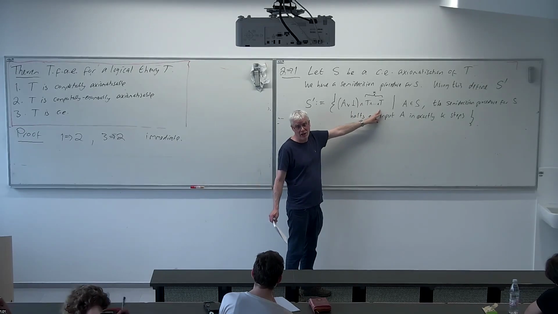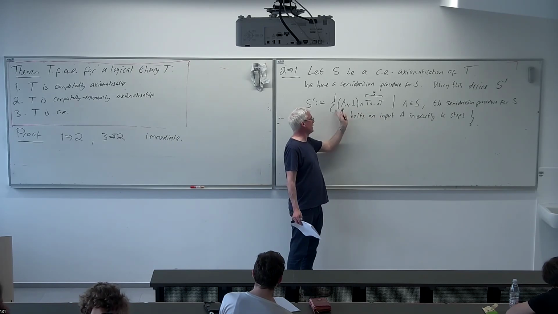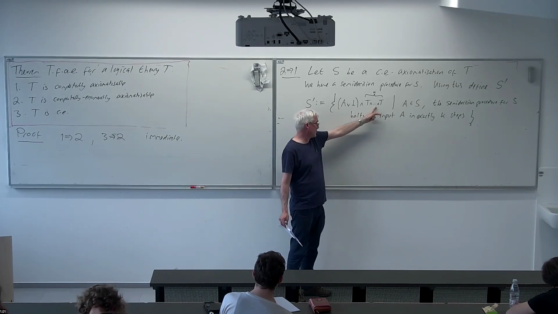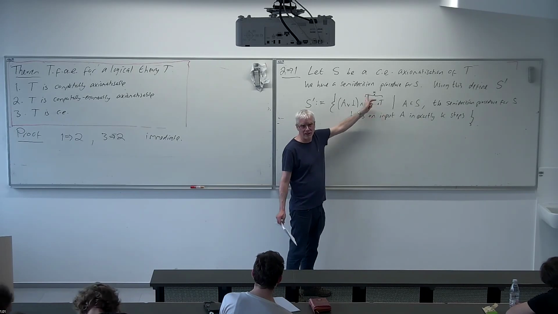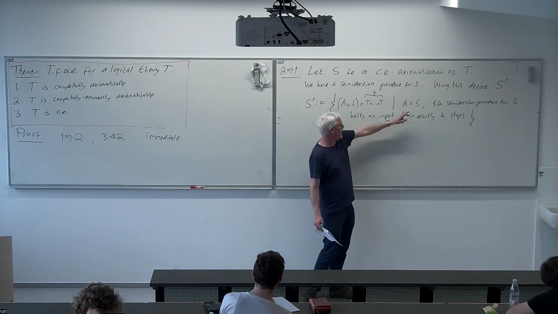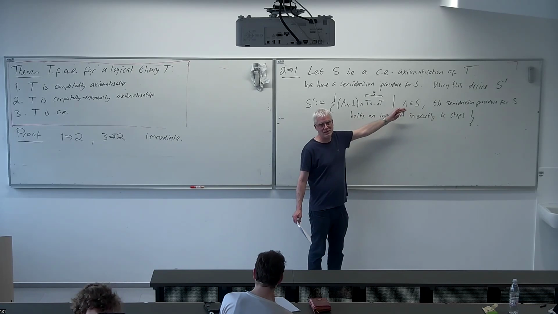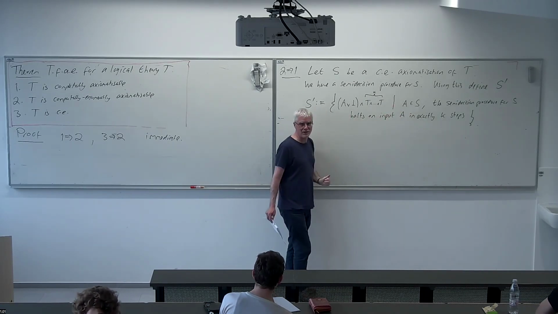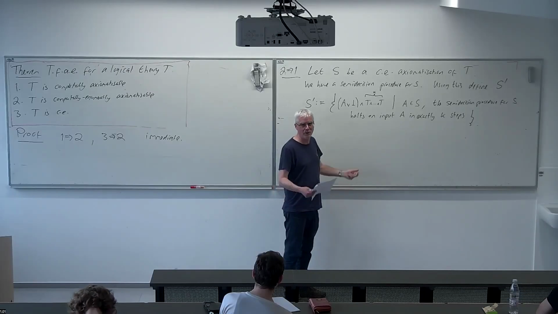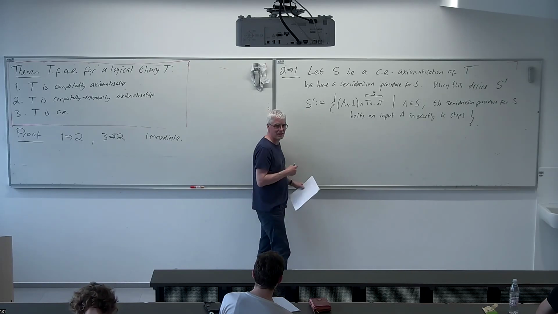If it doesn't, we say no. If it does, from the form of the sentence we see how many trues there are in the conjunction, which gives us k. We then run the semi-decision procedure for S for k steps and see whether it answers yes in exactly k steps. If it does, then yes, we've got our axiom. If not, we say no, it doesn't belong to S prime.